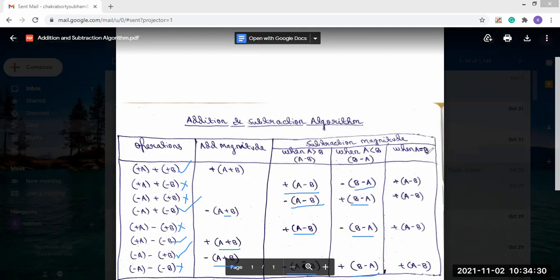And for A equal to B, what will we do? For A equal to B, both are equal.